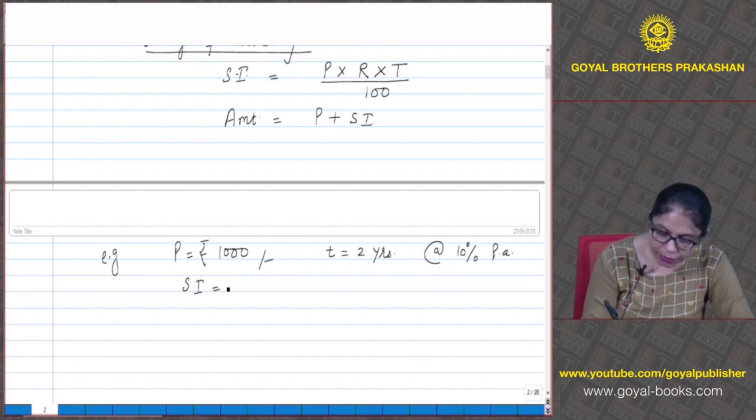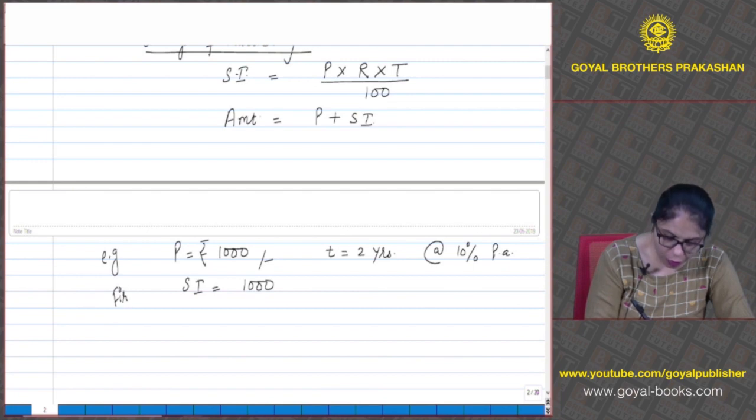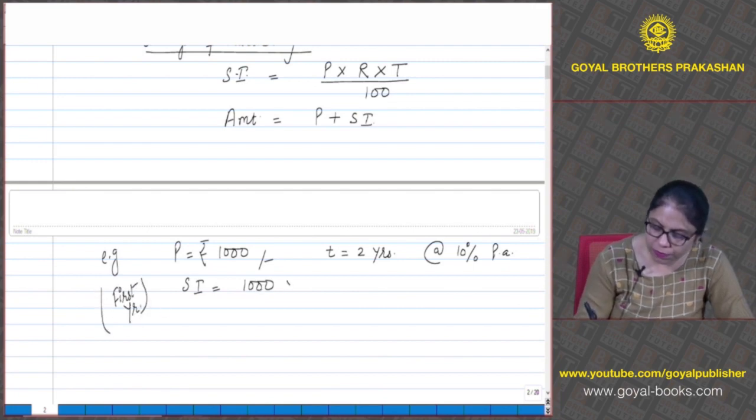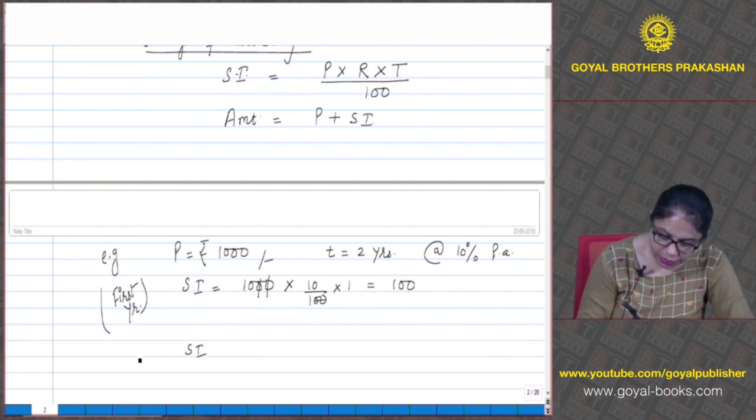Simple interest for the first year: principal is 1000, rate 10%, time period is 1. That means simple interest for the first year is 100, and then we calculate simple interest for the second year.